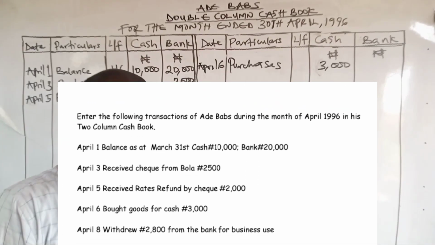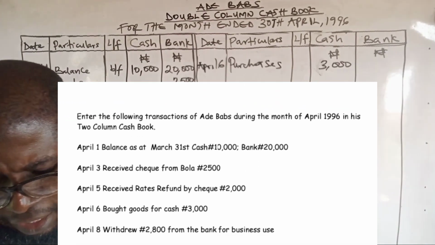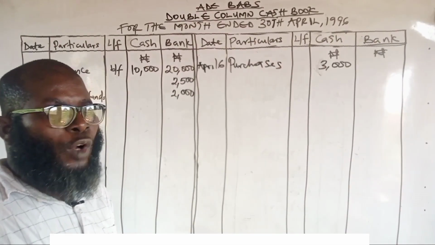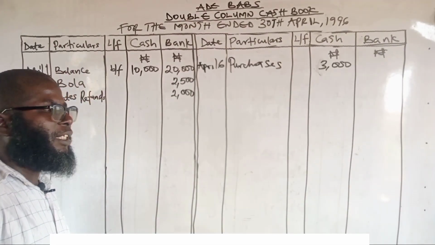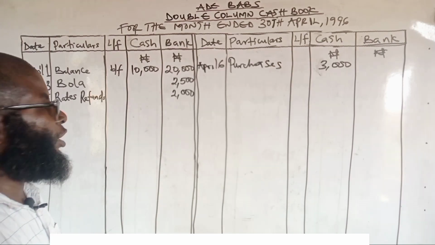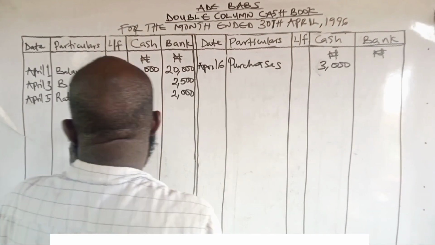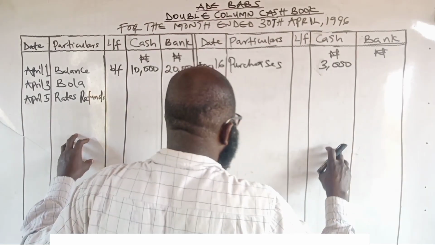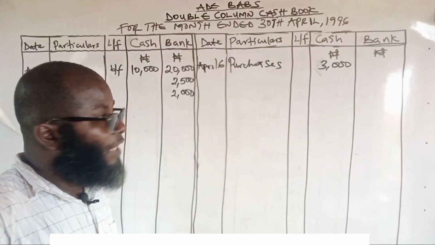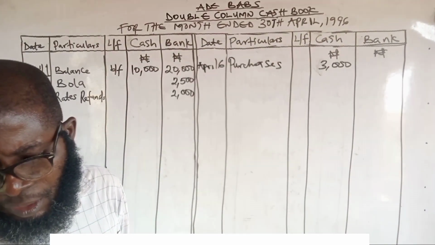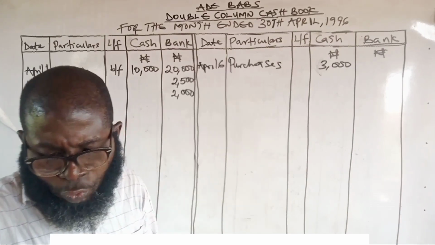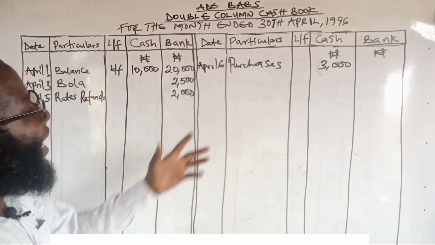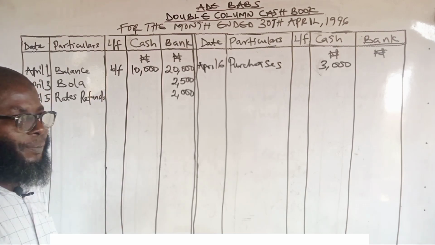Then April 8, withdrew 2,800 from the bank for business use. If you look at that question, that entry is a contra entry. It is going to appear on the debit side and on the credit side. If you look at the entry very well, withdrew 2,800 from the bank, meaning that I am the one bearing Adebabs.